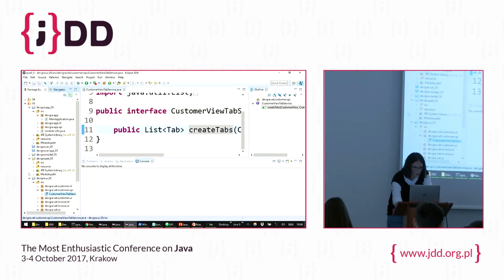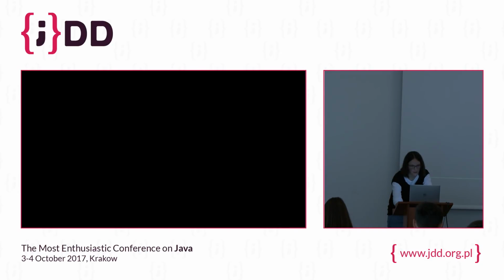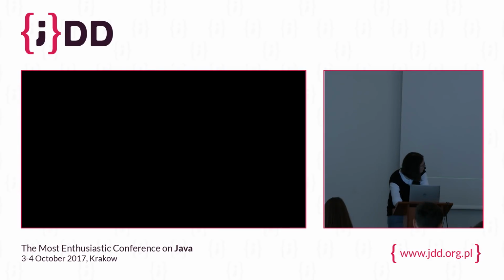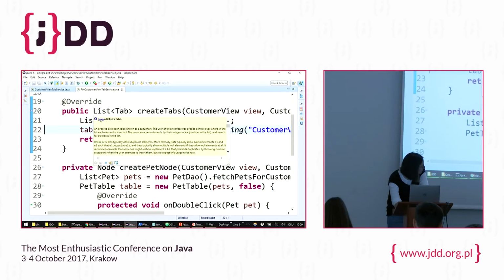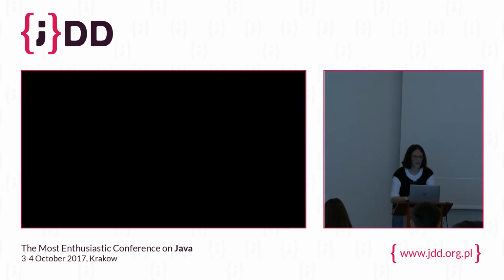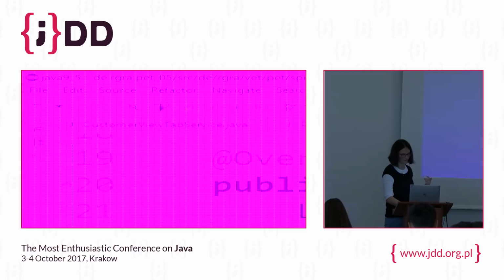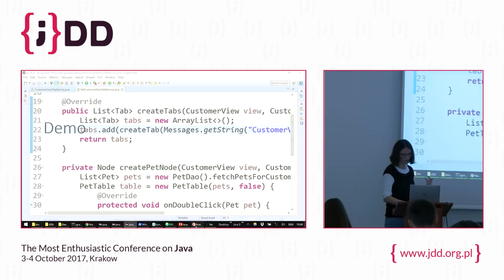So in our pet module, we have the implementation, pet customer view tab service, which now, this time I didn't move the mouse, actually creates all the tabs over here. So with the service, we get back our pet tab inside the customer view. And now let's go back to the slides.